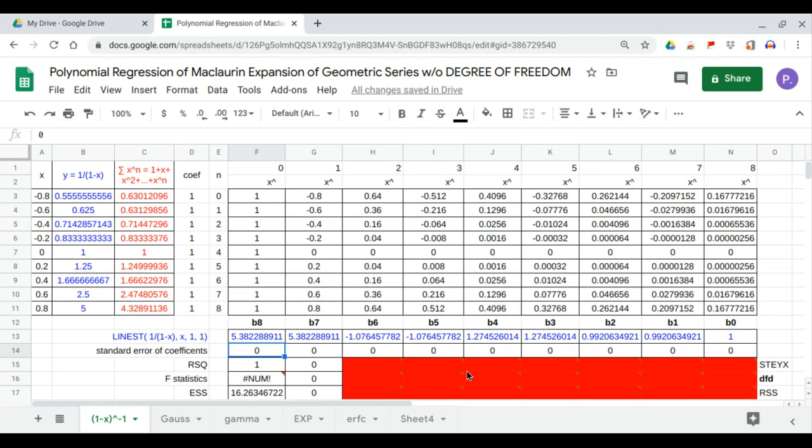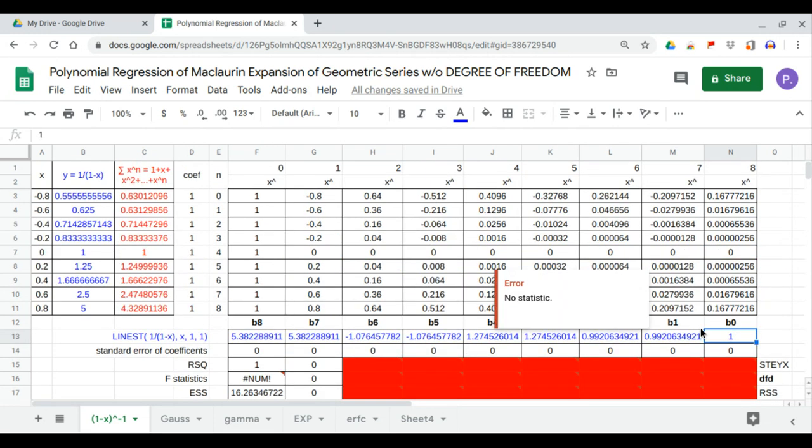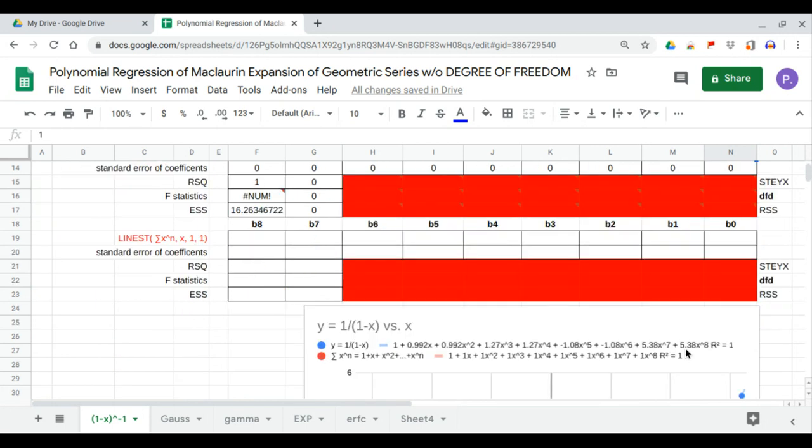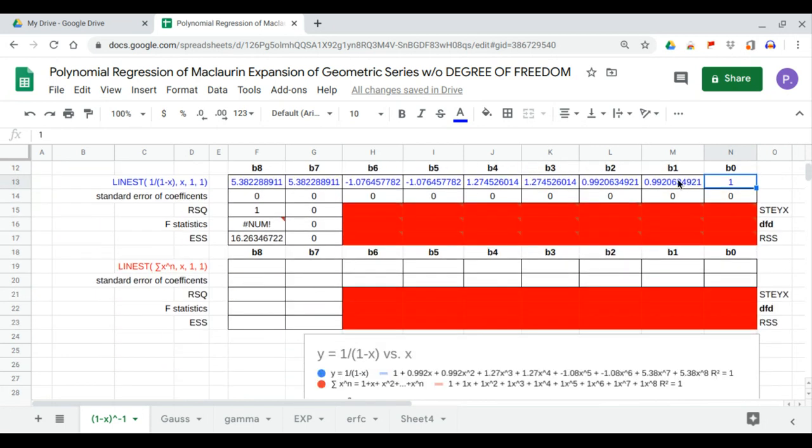So our standard errors are 0. Our B0 is 1. Our B1 is 0.992. Our B2 is 0.992. Our B3 and B4 is 1.27.